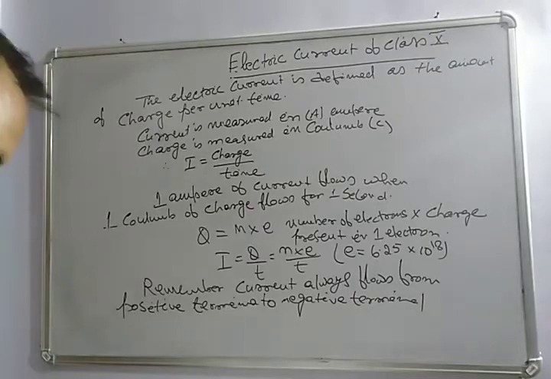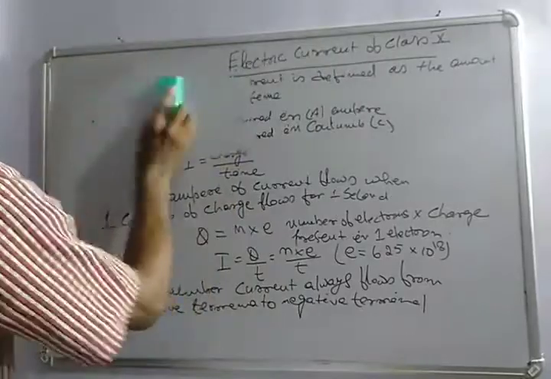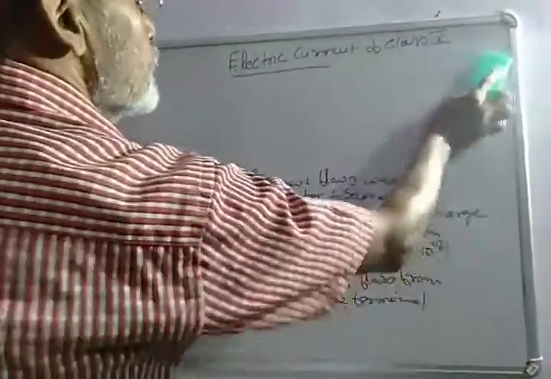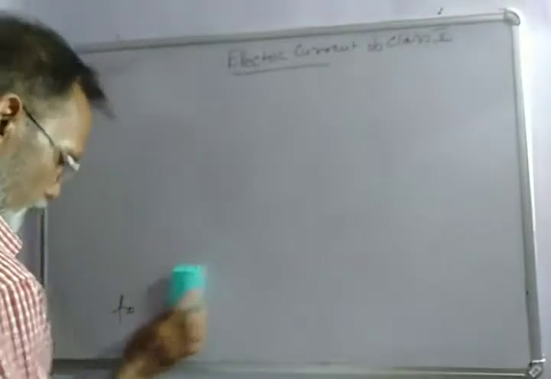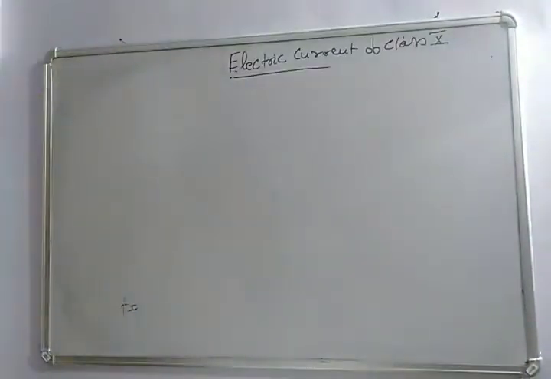Next we will think about what charge means. When two bodies are rubbed together, charges are produced. The body which gets positive charge has a deficiency of electrons, and the body which gets negative charge has an excess of electrons.